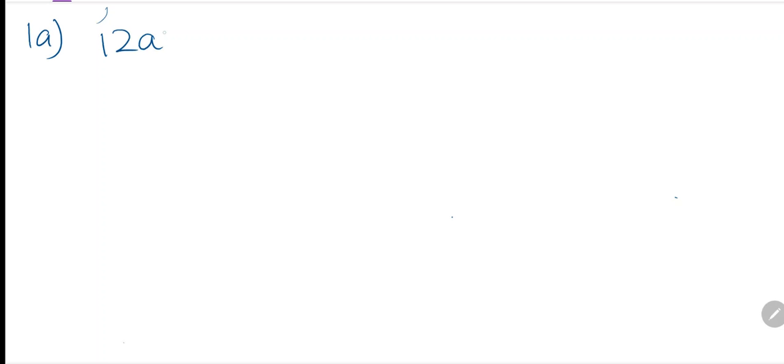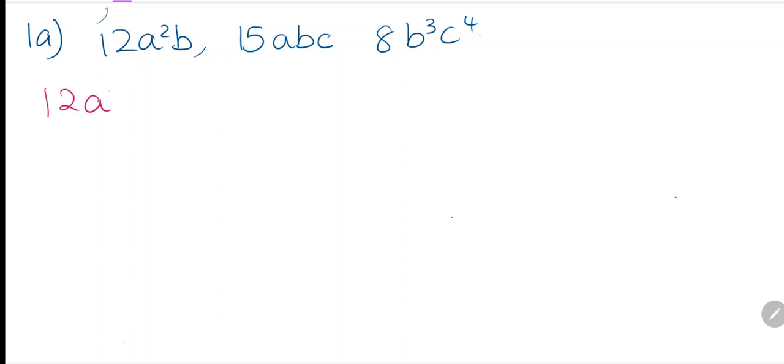This time we have 12a squared b, 15abc, and 8b3c4. The first thing we do is write our numbers down the side.